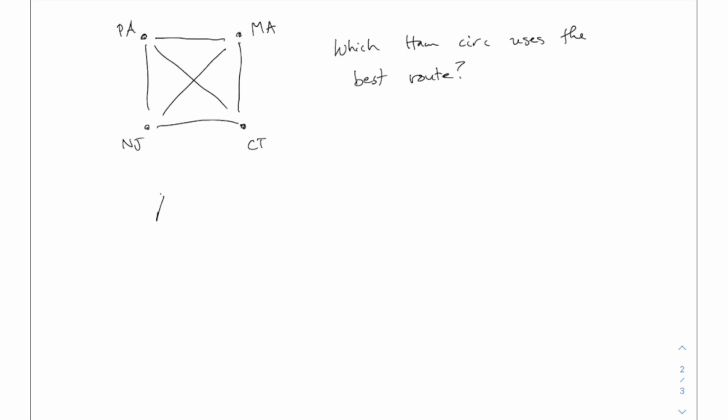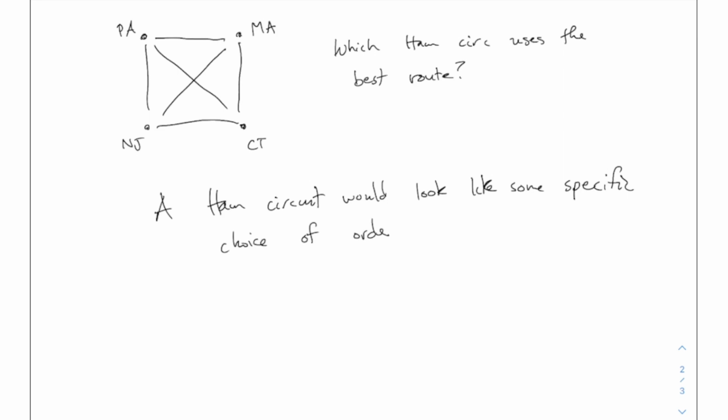So a Hamilton circuit would look like some specific choice of ordering the vertices, right?